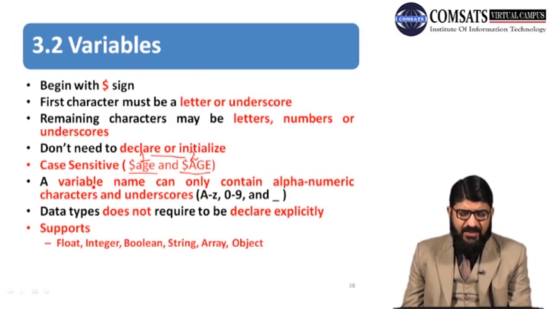And the data type does not need to be declared explicitly. If you don't specifically mention what the data type is, this is allowed. Now PHP variables support float, integer, boolean, string, array, and object as well.